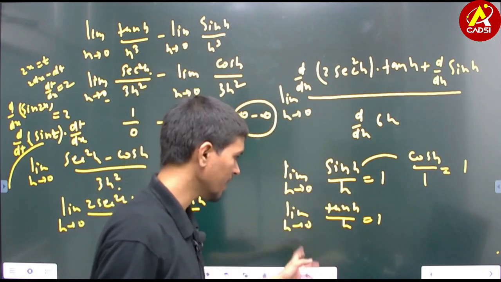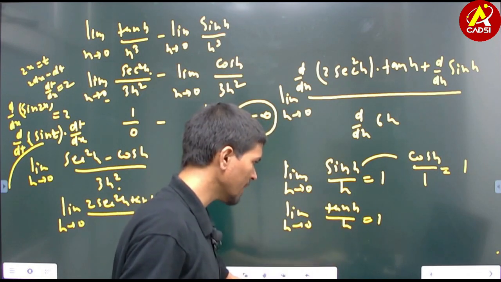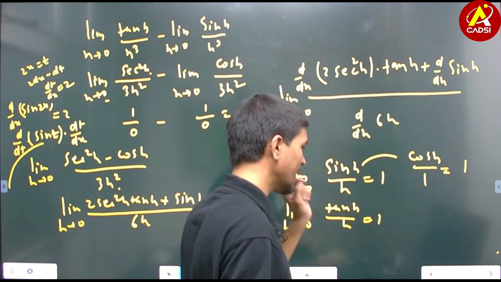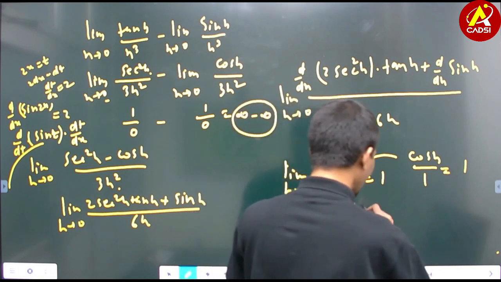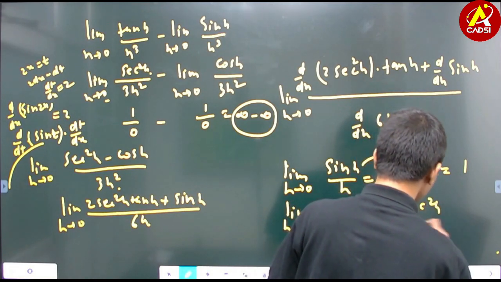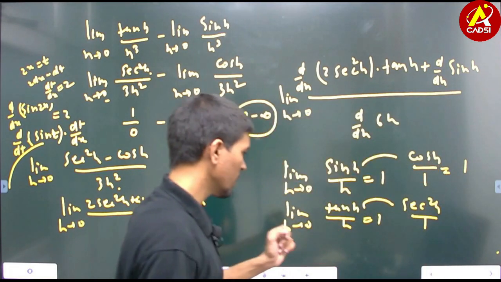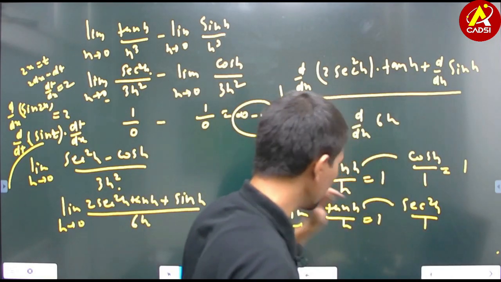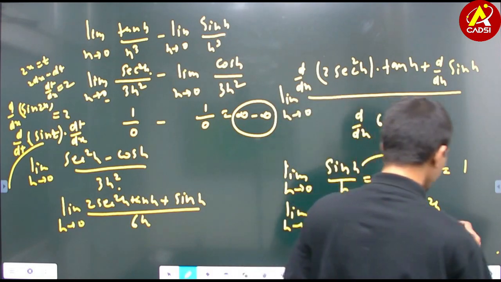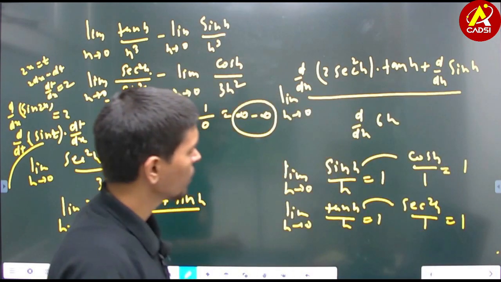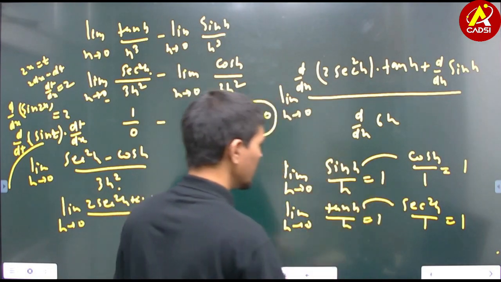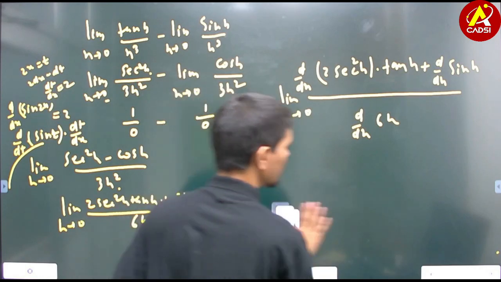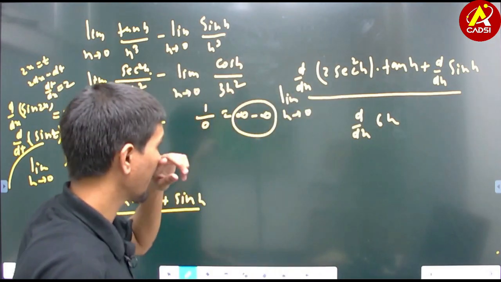Similarly here, 0 upon 0 again indeterminate form, again we use L'Hospital rule. The derivative of tan h is sec square h, and the derivative of h is 1. When we put h equals to 0 in sec square h, we get 1. So we can use this in the limit for solving in an easier way.